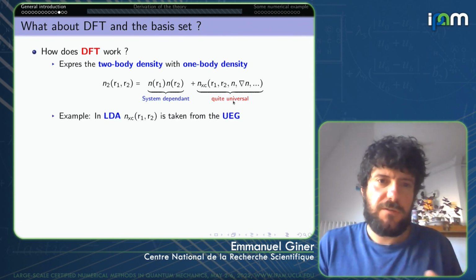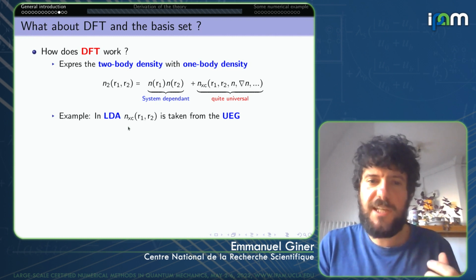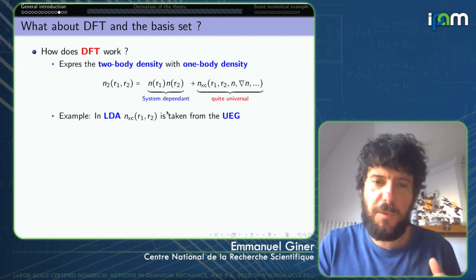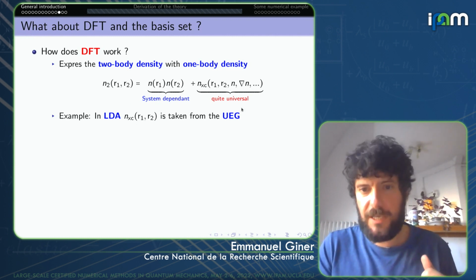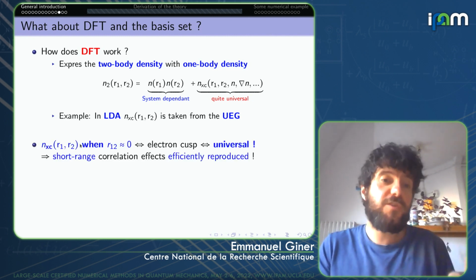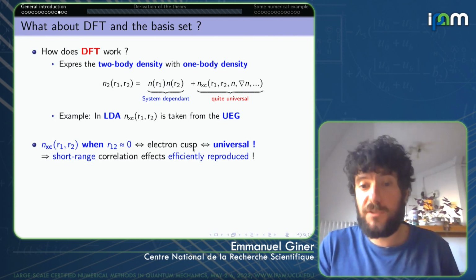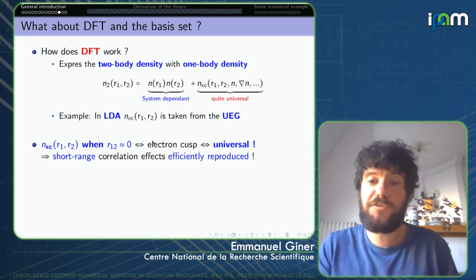So this gives you essentially the electrostatic part, which is really system dependent, but this is quite universal. Just to give you an idea, when you do an LDA calculation, essentially you import the exchange-correlation hole from the uniform electron gas. And why can you do that? Because precisely when you look close enough in r12, you are in the region of the electron cusp, and therefore you are in a universal regime.